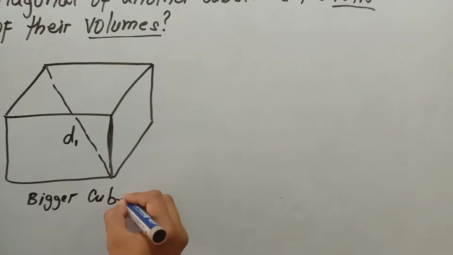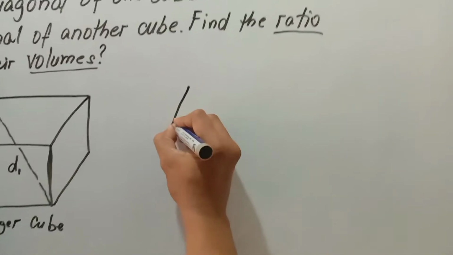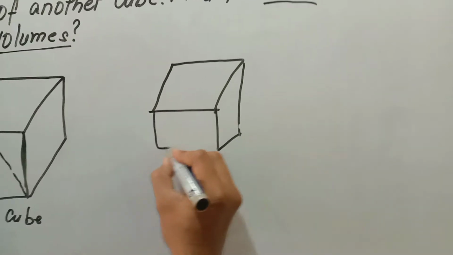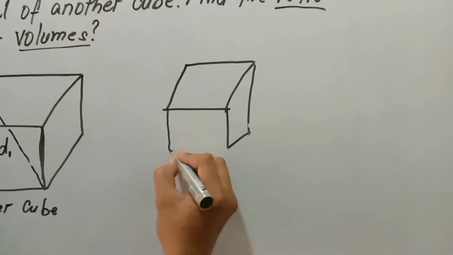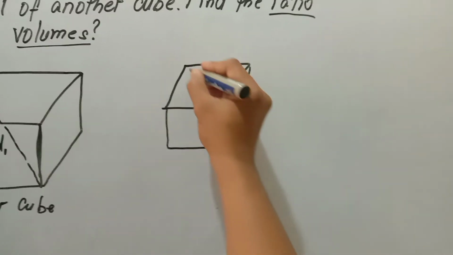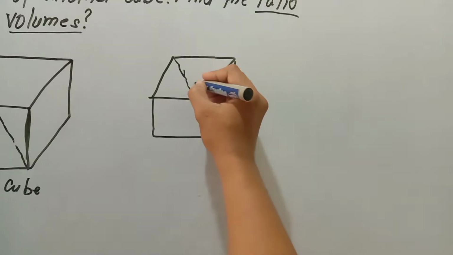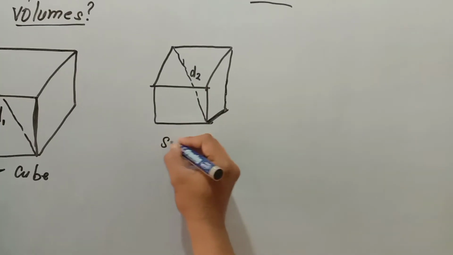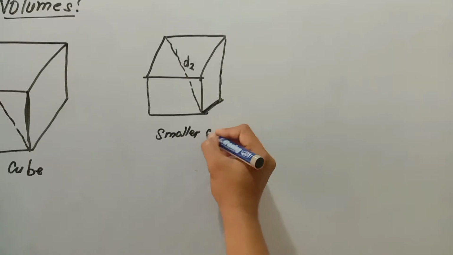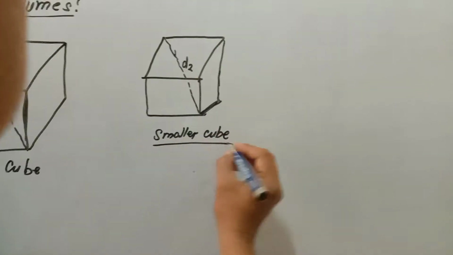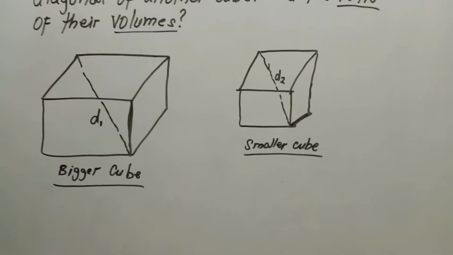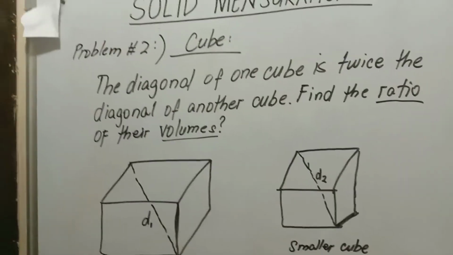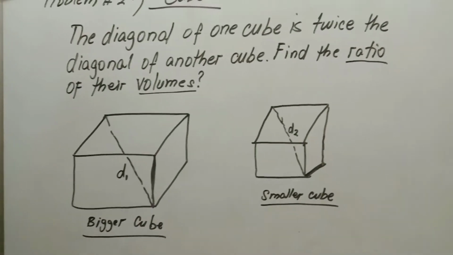The other one, D2. Okay. Smaller cube. So this is a bigger cube and a small cube, because what we are going to discuss here is to find the ratio of their volumes. So ratio of volume.